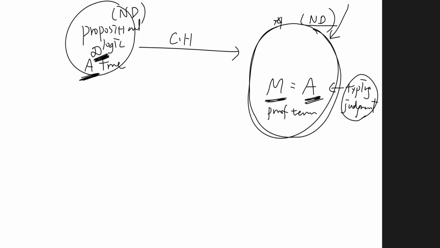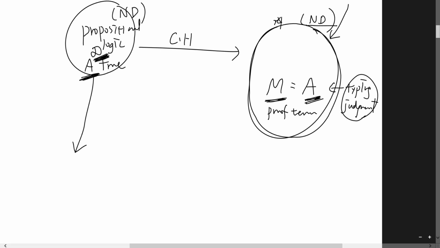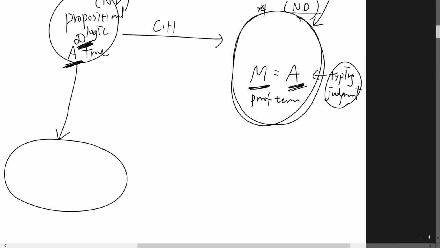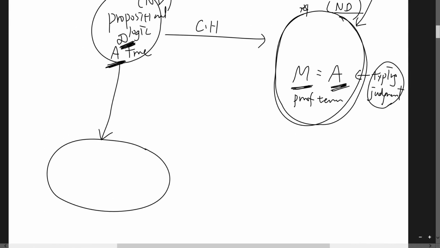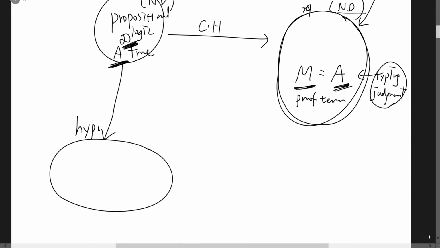Now, previously we learned this hypothetical judgment. We actually derived another system using hypothetical judgment. So this time, the judgment is going to have this form: A1 true, ..., AN true, turnstile C true.